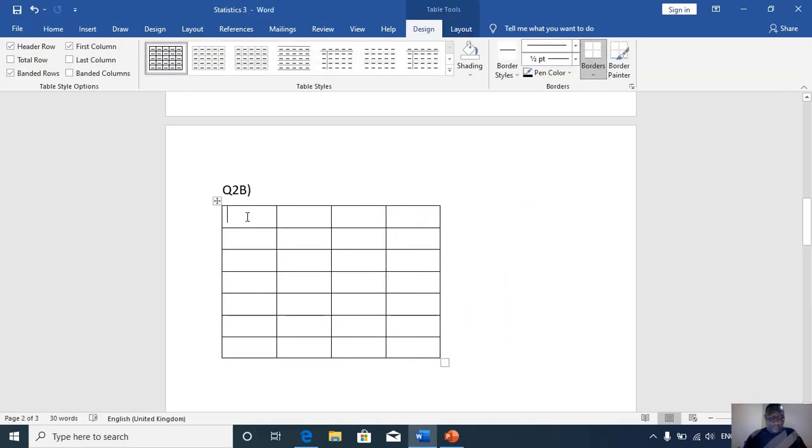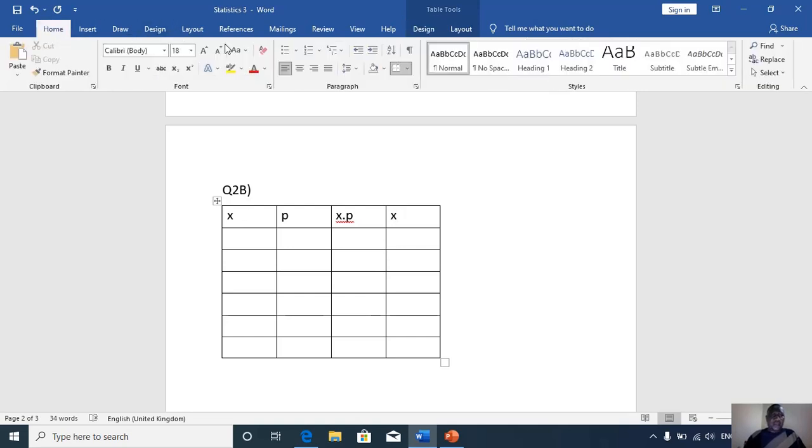So we have the x values, the column for probability. We'll need the column for x multiplied by p. We'll need another column for x squared multiplied by p.